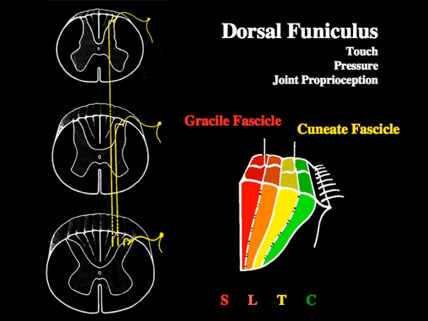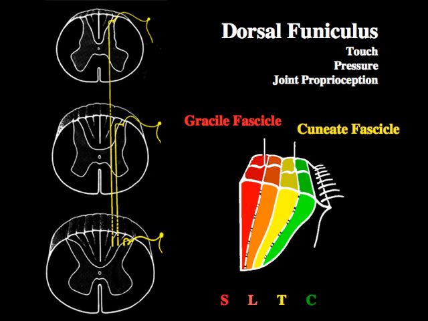And as subsequent nerve fibres join this pathway, they join it in an organised way, and so we get this somatotopic localization with caudomedial craniolateral organisation.